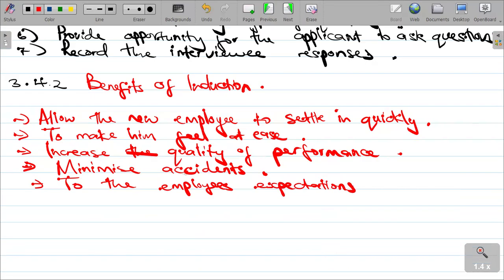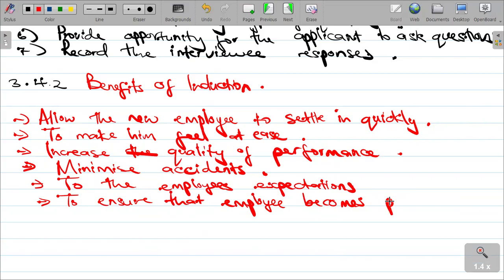And lastly, to ensure that the employee becomes productive as soon as possible.